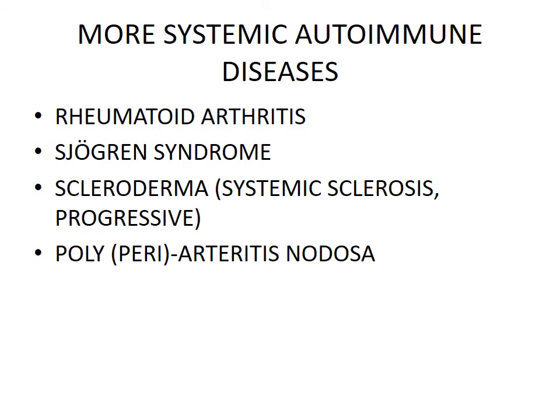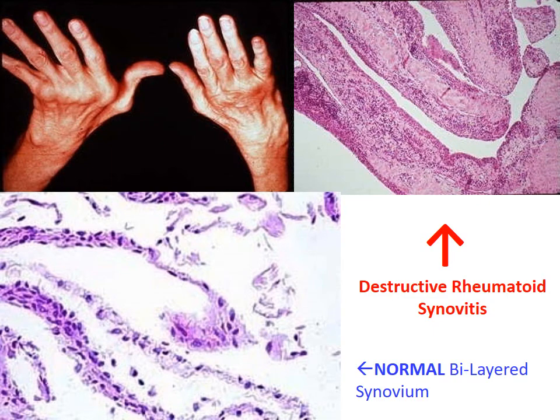Other systemic autoimmune diseases are rheumatoid arthritis, Sjogren's syndrome, scleroderma, also called systemic sclerosis, and periarthritis. Rheumatoid arthritis we're going to discuss in detail in the chapter on bones and joints, but basically it's a systemic disease in which antibodies are directed against the Fc portion of IgG, against its own antibody, and this results in damage to the synovium, joints, blood vessels and other organs.